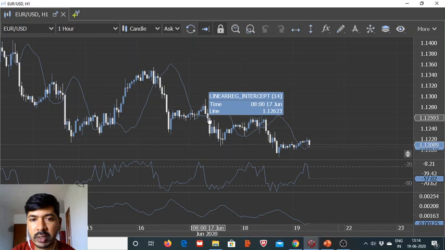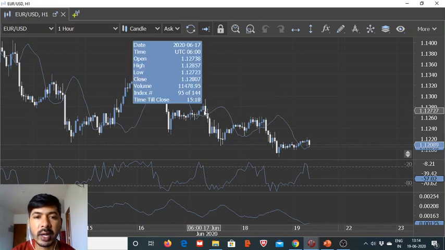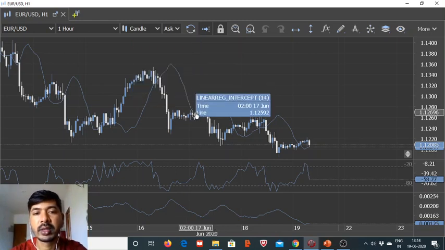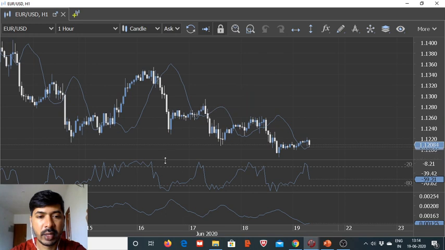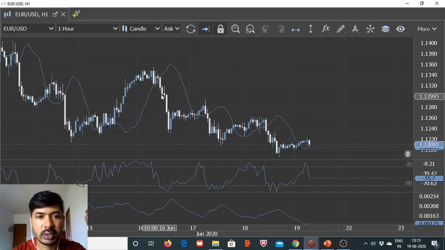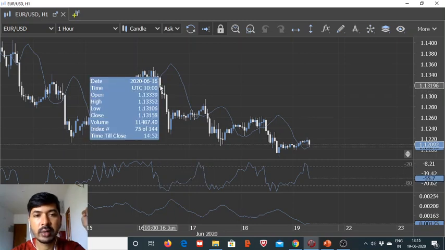So the 8 GMT is here, and we have this prior close, but prior close above the linear regression intercept, but the condition that again 10 hours back the hourly candle should have closed above linear regression intercept, that is not going to be fulfilled. So even because of that trading won't take place. And coming to the 10 GMT of 16th June, 10 GMT is here.